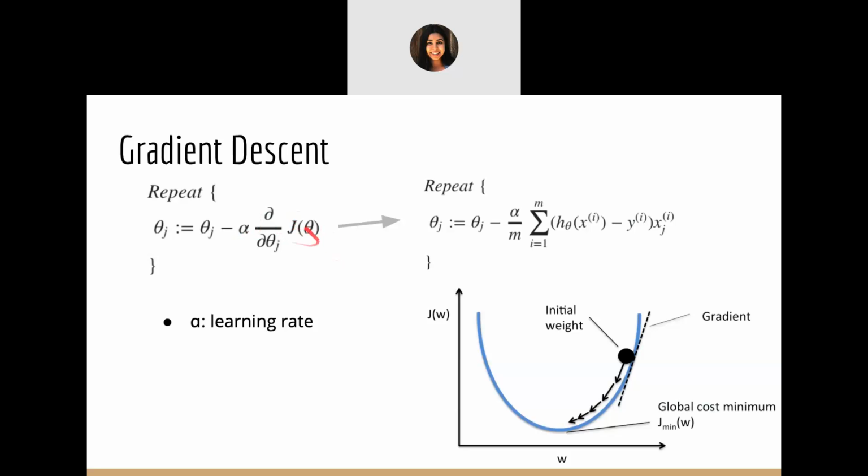If you take the derivative of the cost function, it ends up being a partial derivative. It ends up being this thing right here, which you can see is somewhat similar to the cost function, except it's multiplied by the value of the specific feature correlating to whatever theta you're looking at.